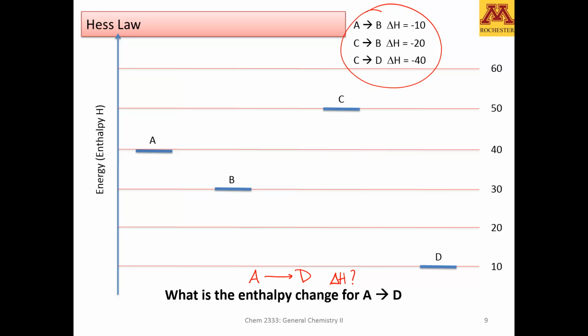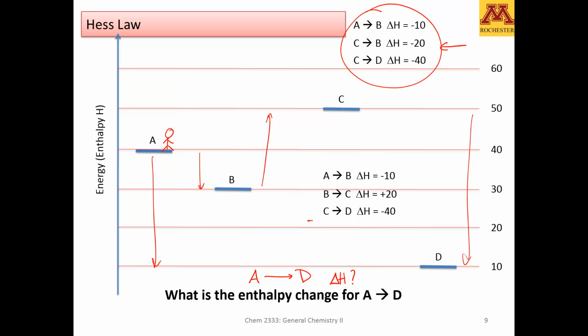Think of it as someone taking the elevator, who first goes down 1 floor, then goes up 2 floors, and then goes down 4 floors. You could probably figure out the difference between A and D just by measuring how many ups and downs you have done in your elevator, which is the same as combining the reactions in here.